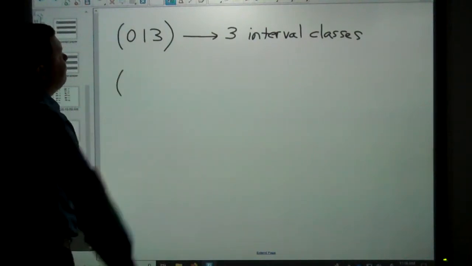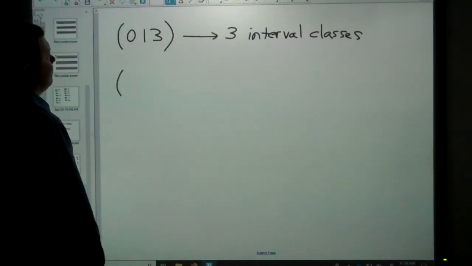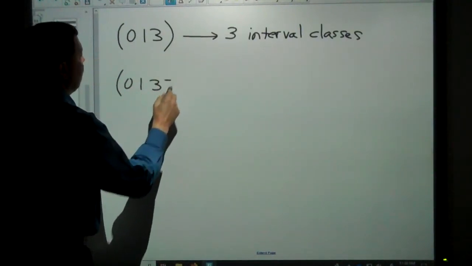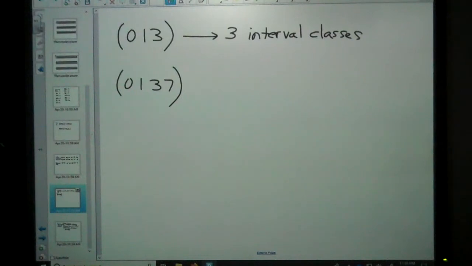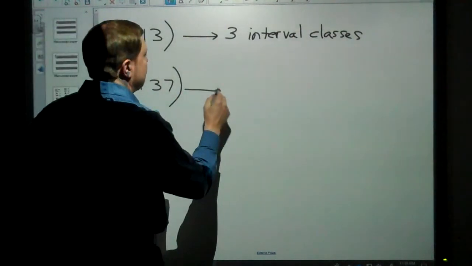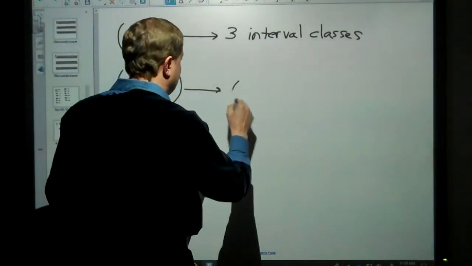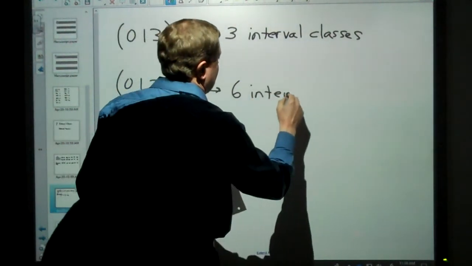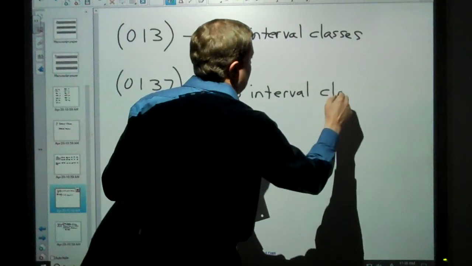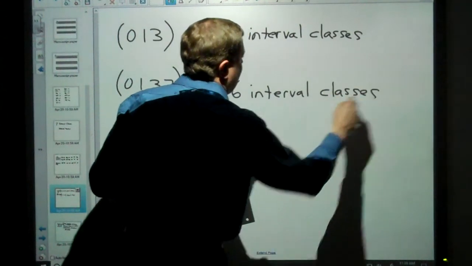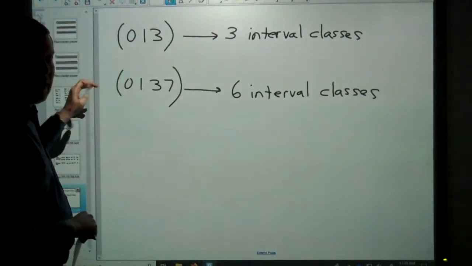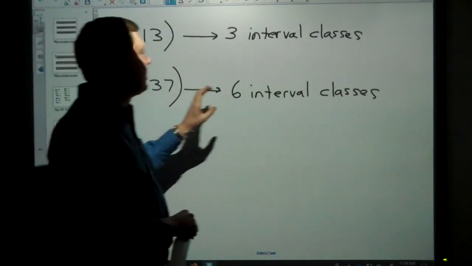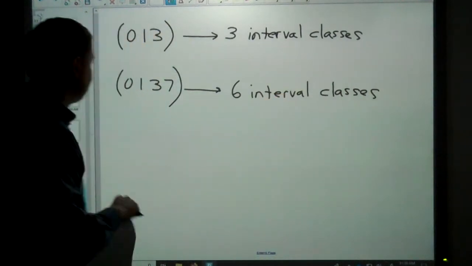If you have a set that contains 4 members or 4 pitch classes, any set with 4 pitch classes will always have 6 interval classes. So once again, a set with 4 pitch classes in it will always have 6 interval classes.